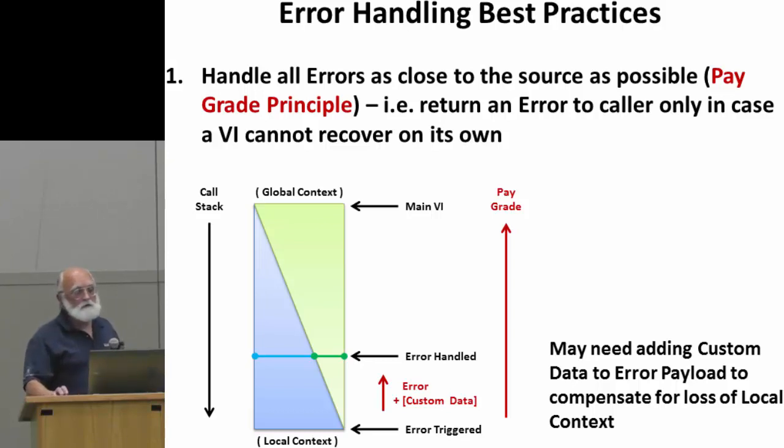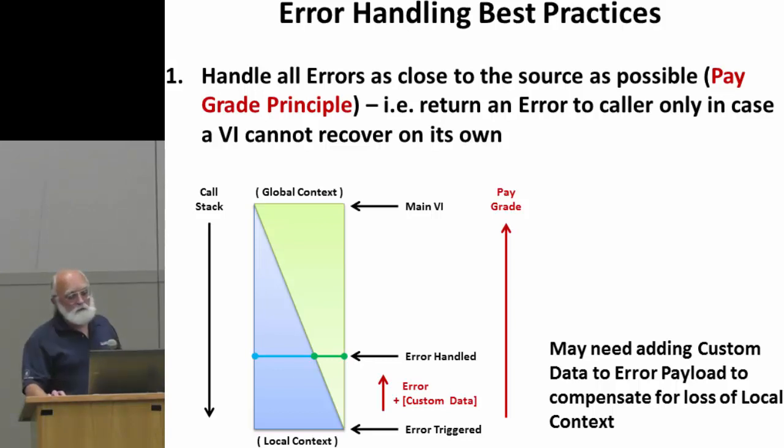And the real reason you want to do it is because when you pass the error up, you lose part of your local context. Let's say this is where the error was triggered, and this is where it was handled. You retain only part of the local context. But at this point, you get enough global knowledge to properly handle an error.